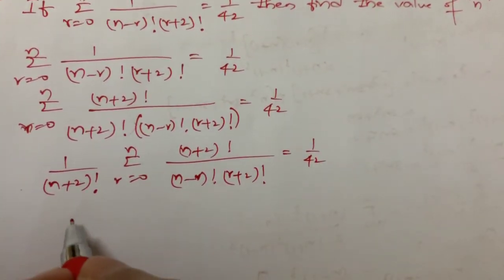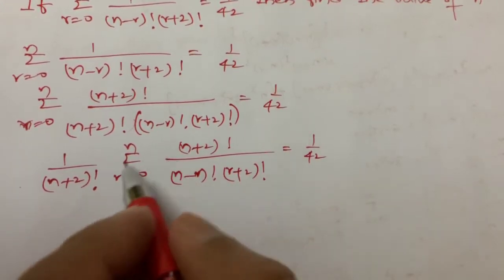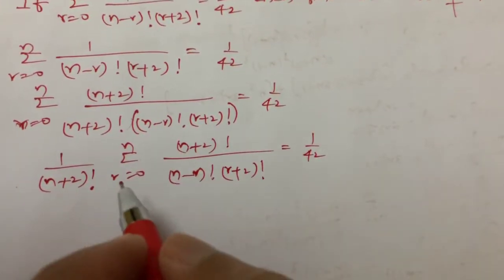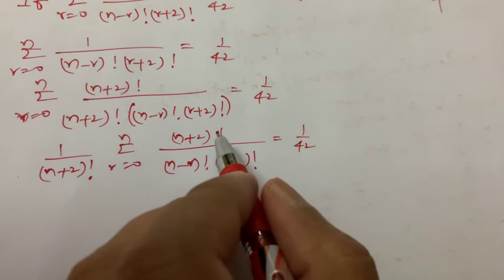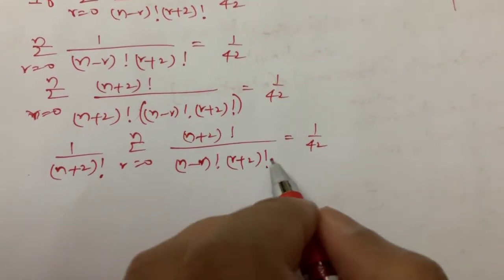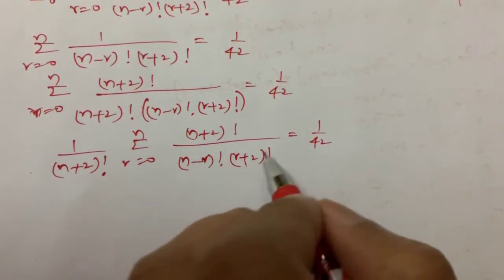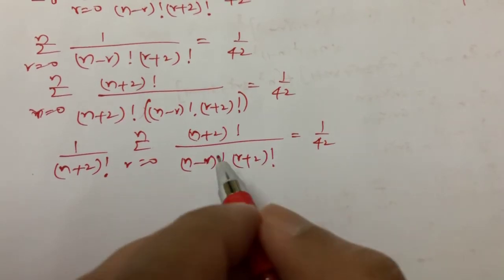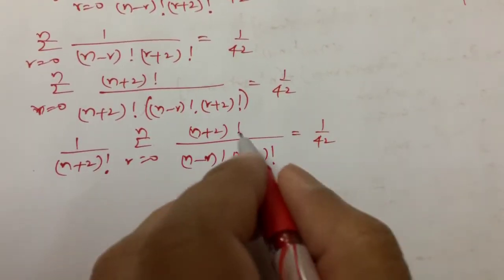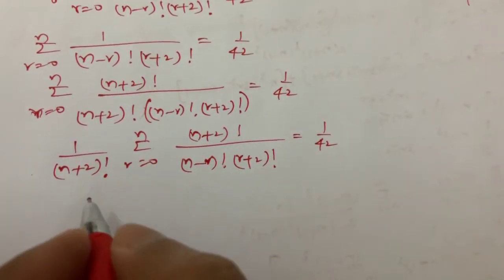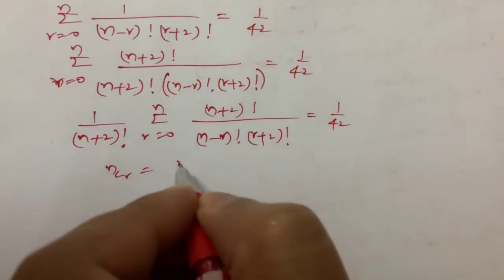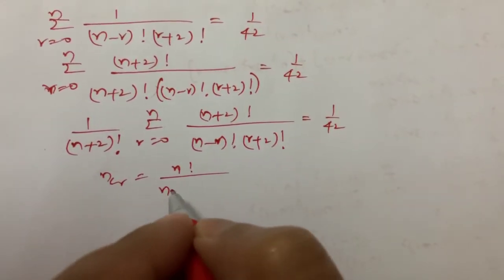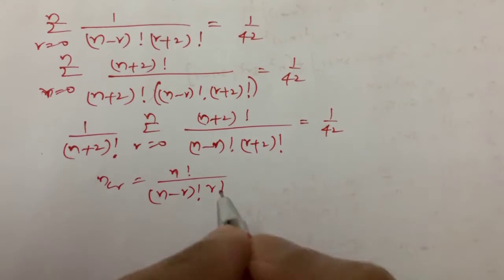So this is nothing but, sum over r equal to 0 to n of (n plus 2) factorial by (n minus r) factorial (r plus 2) factorial is n plus 2 c r plus 2. So this is the definition of n plus 2 c r plus 2, because nCr is n factorial by (n minus r) factorial r factorial.